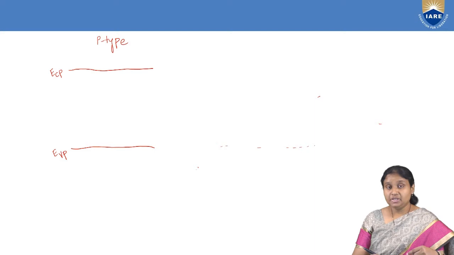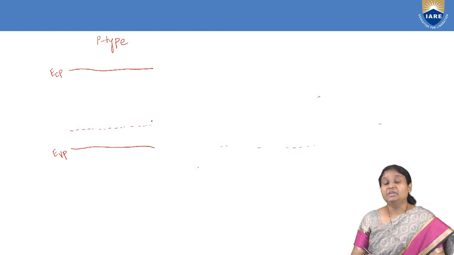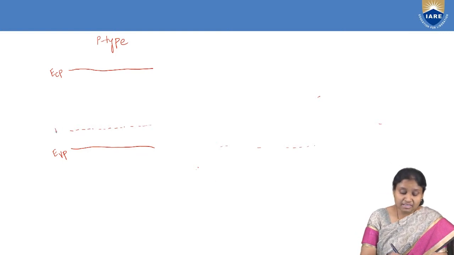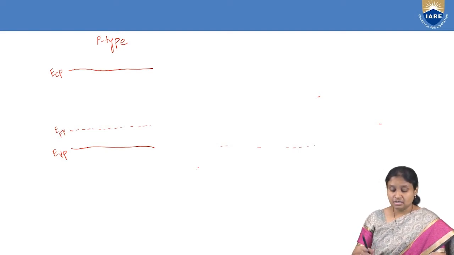ECP and EVP are the conduction band and valence band in the p-type semiconductor, right? And where is the Fermi level in the p-type semiconductor? The Fermi level is closer to the valence band, as we have seen. We can denote it as EFP, the Fermi level in the p-type semiconductor, right?